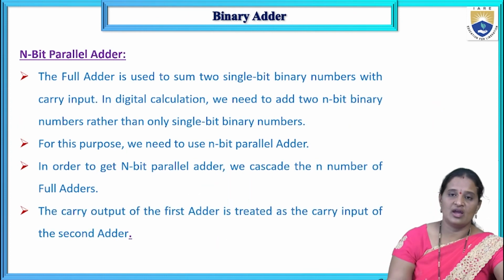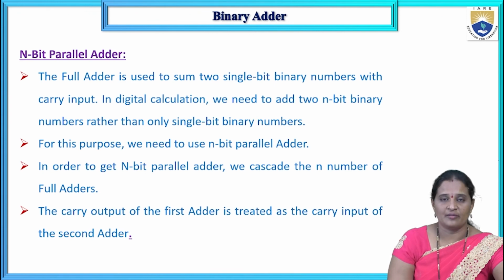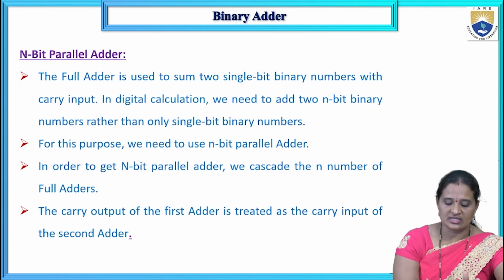Now let us design an n-bit binary adder. If you want to add two n-bit binary numbers, I require to connect n full adders in series, such that the carry output of one section is given as carry input to the next section. This is the n-bit parallel adder.